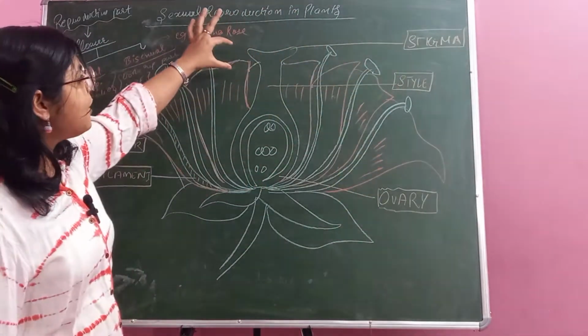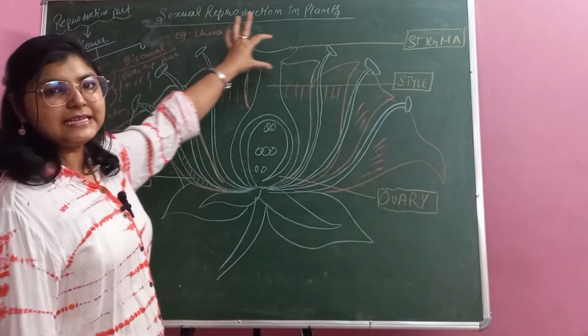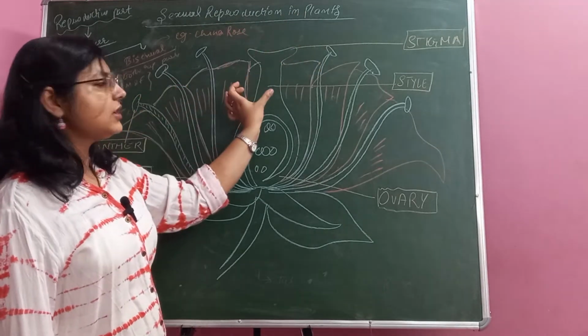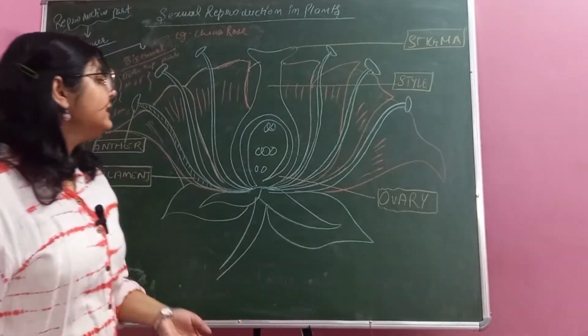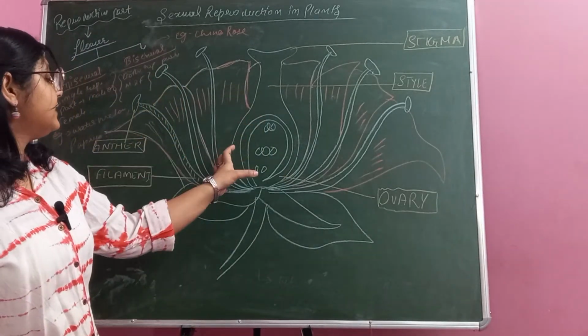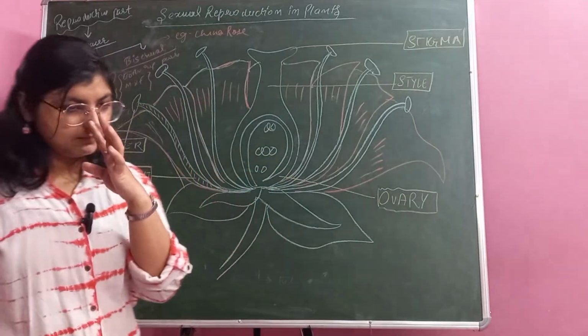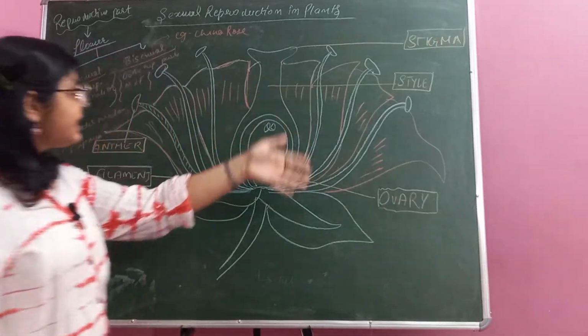First, the platform-like structure, that is stigma. Second, the neck-like structure, style. And third, the swollen part, that is ovary. Okay, so these are the female parts.